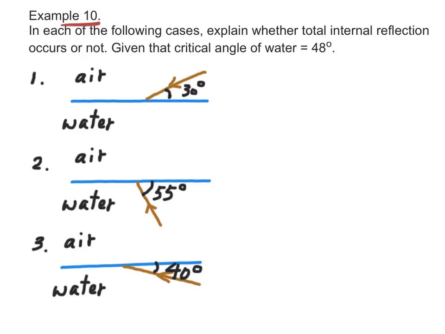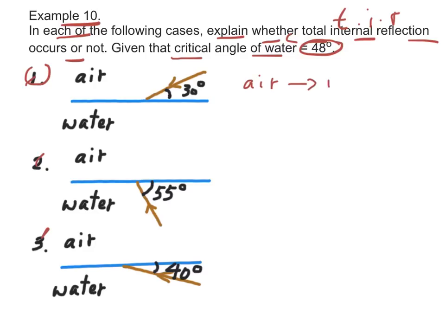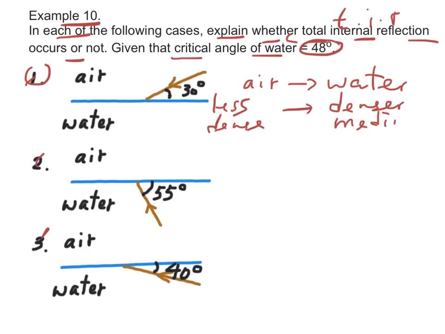Example 10. In each of the following cases, explain whether total internal reflection will occur or not. Given the critical angle of water is 48 degrees. Case 1. Since the light travels from air to water, which is from a less dense medium to a denser medium, therefore, total internal reflection never occurs.